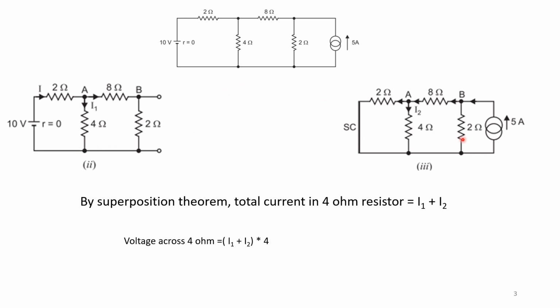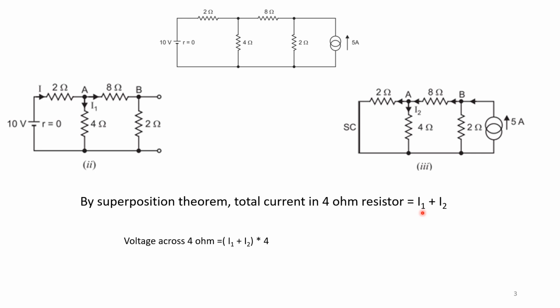Similarly, second, I take only the current source, that means the voltage source is short circuited. I am going to find the current through the 4 ohm resistor, which I take as I2. Finally I have to superimpose these, that means add I1 plus I2, which is the current through the 4 ohm resistor.